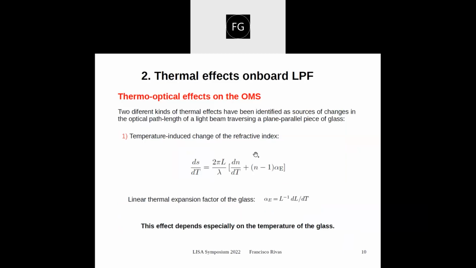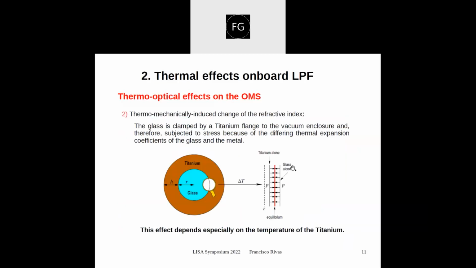temperature-induced change of the refractive index, given by this equation, and thermomechanical induced change of the refractive index as a consequence of a stress that appears because of the different thermal coefficients of the glass and of the titanium frame that clamps this glass of the window.